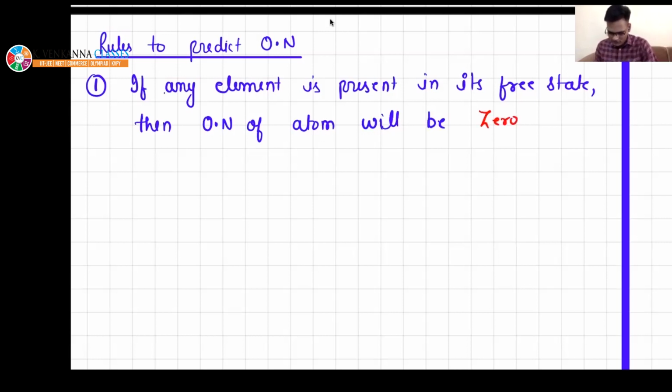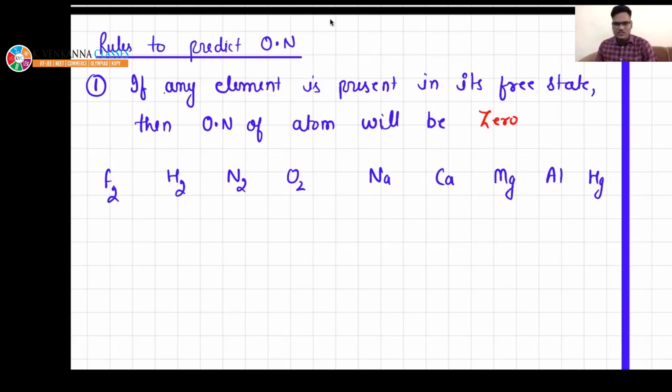For example, if they write hydrogen, nitrogen, oxygen, sodium, then fluorine, calcium, magnesium, aluminium, Hg, and their states are given already, the free state. If they are in the free state, 0, 0, 0, 0, 0, 0.